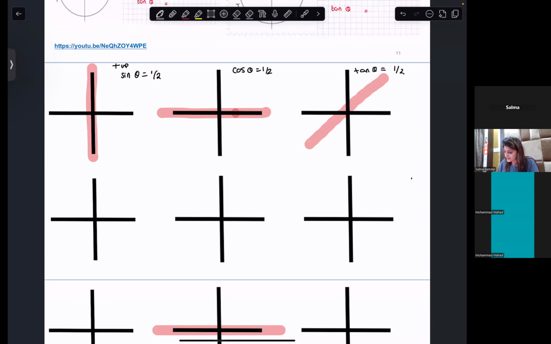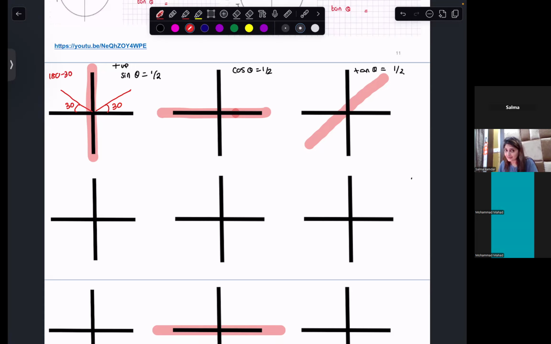So this was 30, 30. And this would be 180 minus 30, that is 150 degrees, the equivalent angle. This was 60 and 60. So this would be 360 minus 60, the equivalent angle.